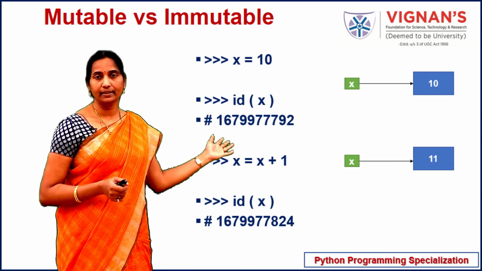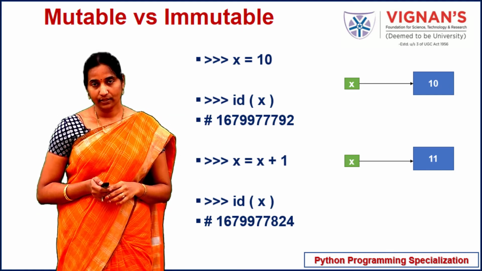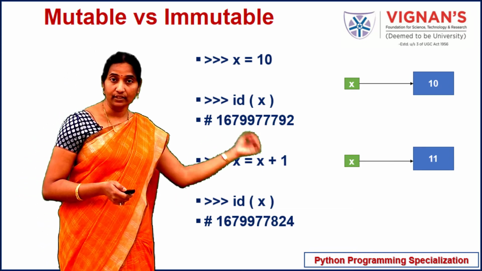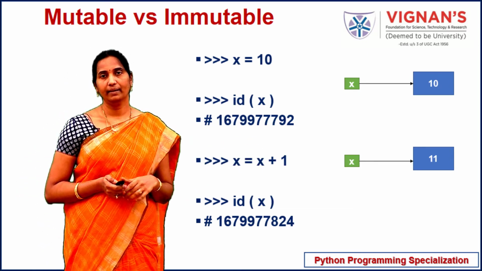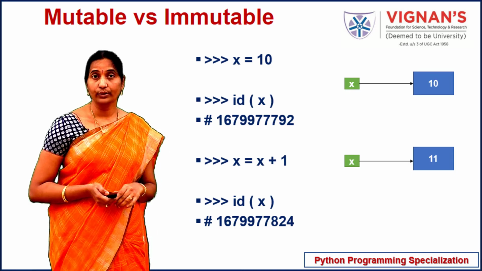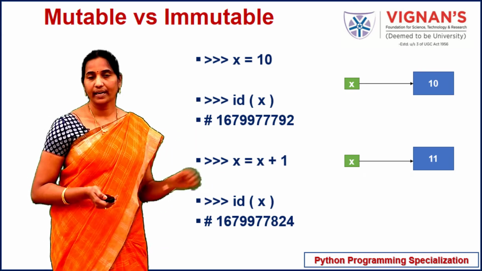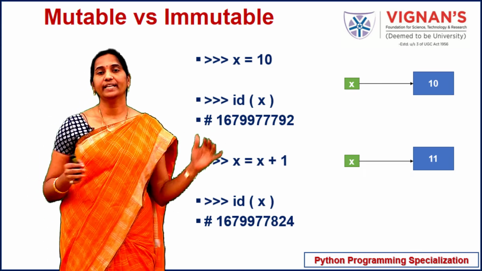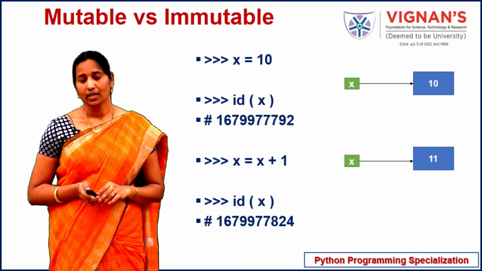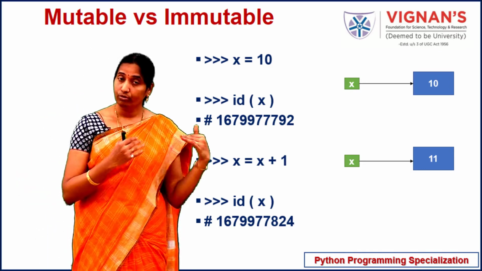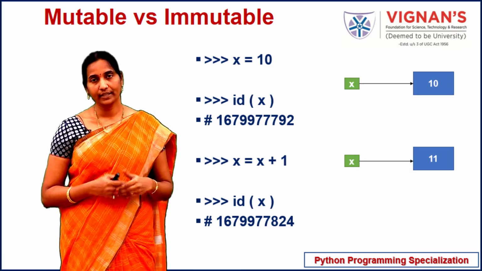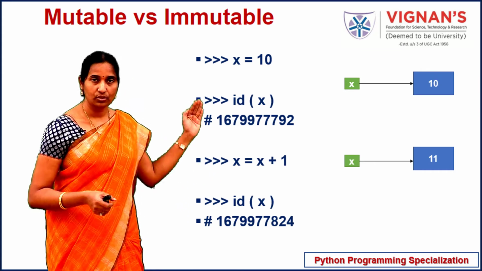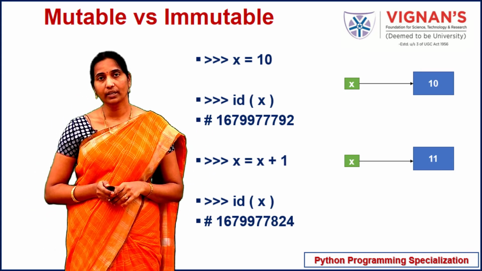You are not updating the content of the integer object, you are creating another object and assigning the name x to that object. That's how you get different IDs. You can understand that the contents of integer objects cannot be changed. Similarly, the contents of floating point types or tuples cannot be changed. That's how they come under the category of immutable types.